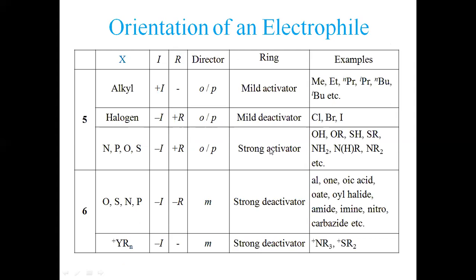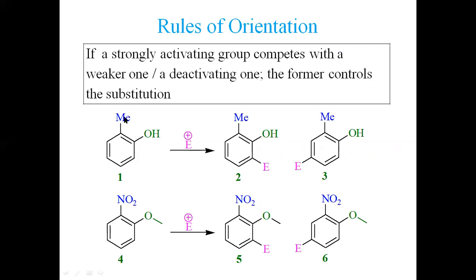So now we have two options. Either this is controlling or this is controlling. This is an ortho para director, this is also an ortho para director. If it is OH, it shall substitute here or there, 2 positions. But if it is methyl, it shall substitute here and there. So all 4 possible positions are being approached by the electrophile, but that doesn't happen.